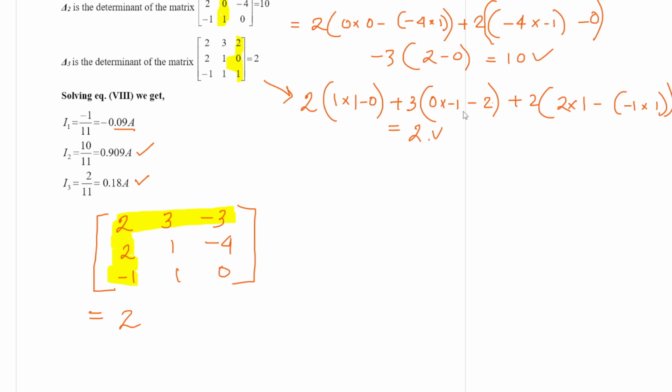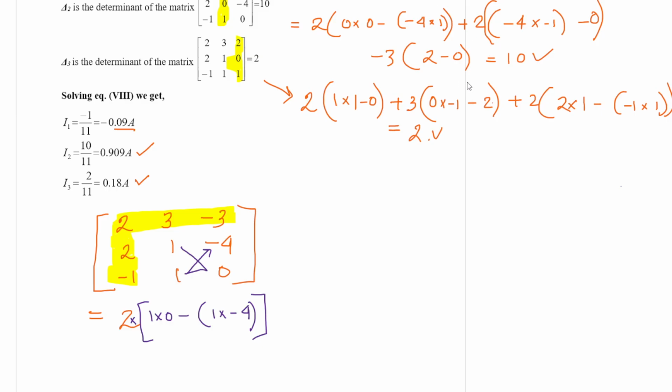Then you need to conduct cross multiplication, 1 into 0, then minus of 1 into minus 4. So that is why we are writing 2 into 1 into 0 minus 1 into minus 4.